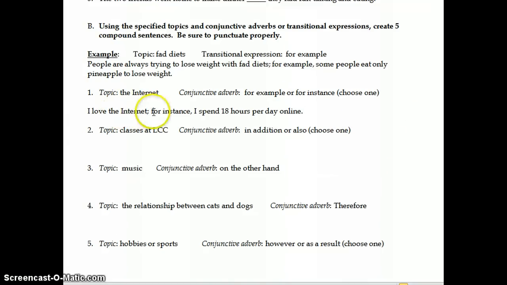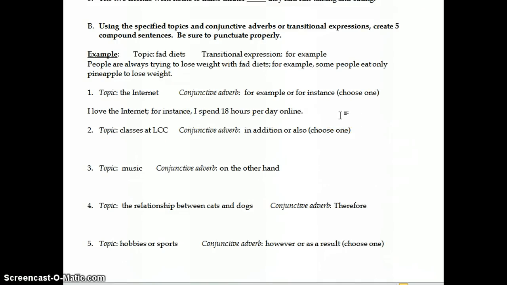So, I love the internet. We want to find out, is this actually an independent clause? Could it stand alone as a sentence? Well, we've got a subject I, and we've got the verb love, and it's a complete thought. So yes, that works. Let's look at the other clause. I spend 18 hours per day online. We've got the verb spend, we've got the subject I, and it's a complete thought.